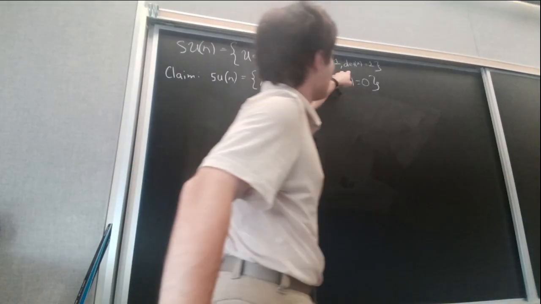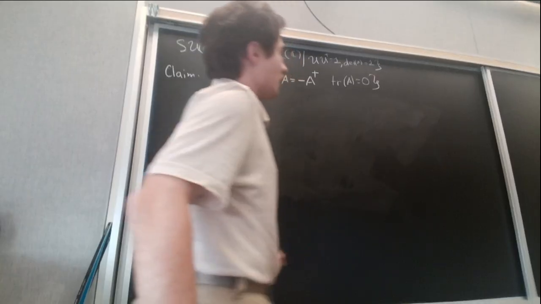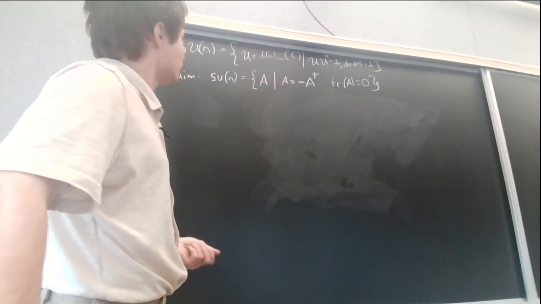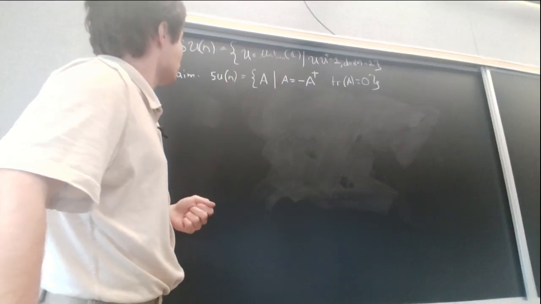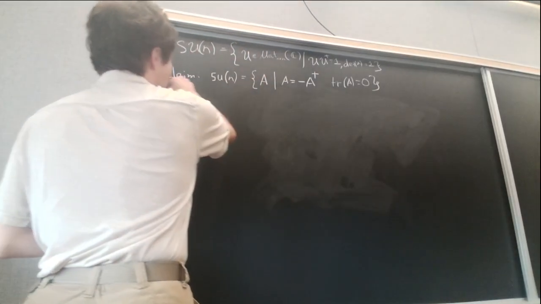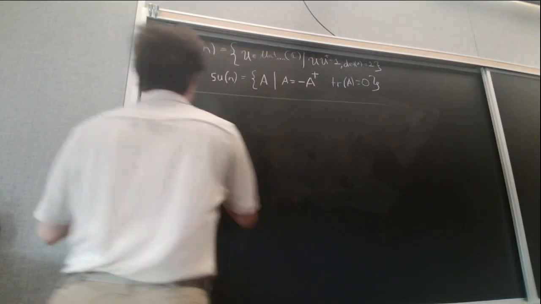You still have a determinant, you still have conjugate, you can take the Hermitian adjoint, and everything is still fine. So let's look at the proof of this claim.